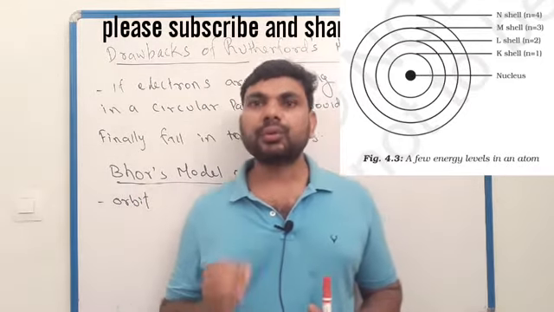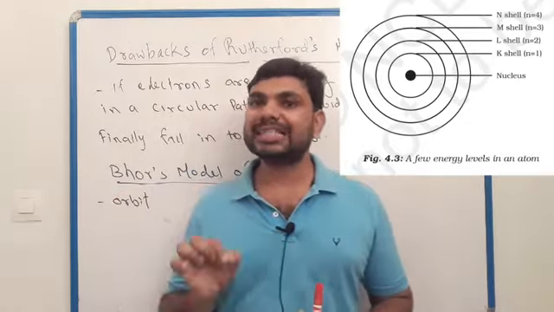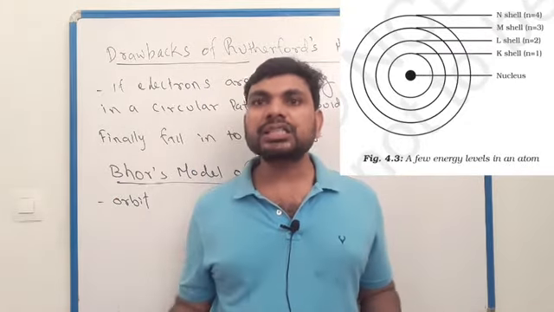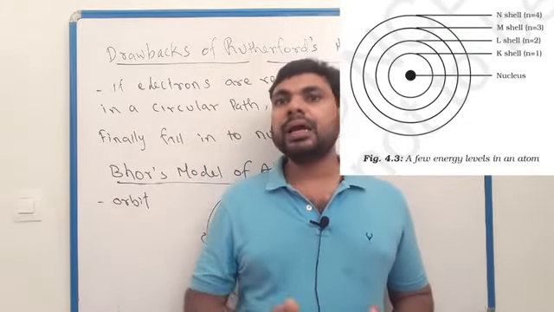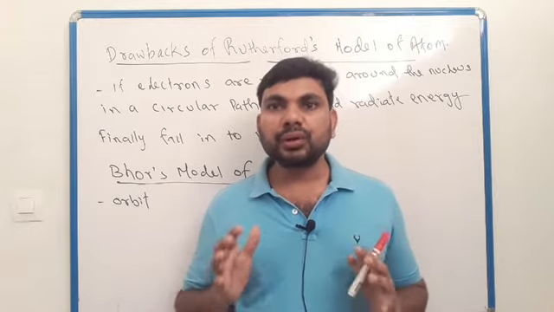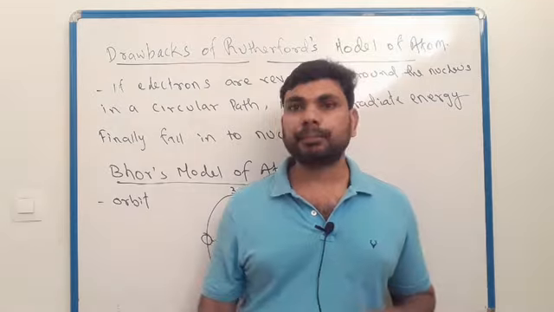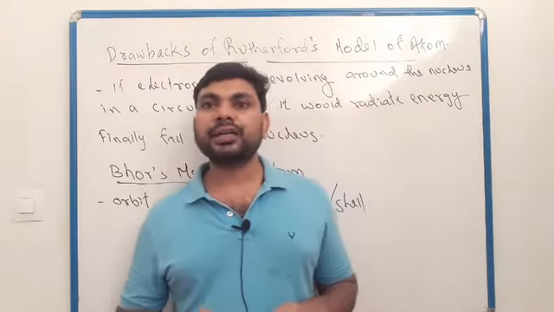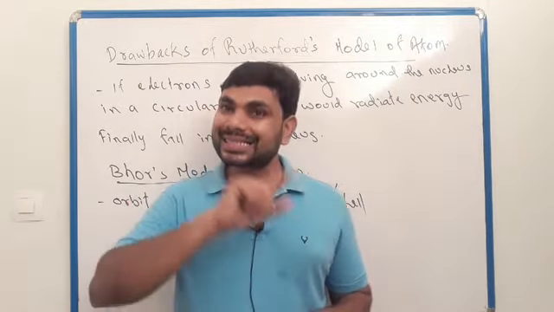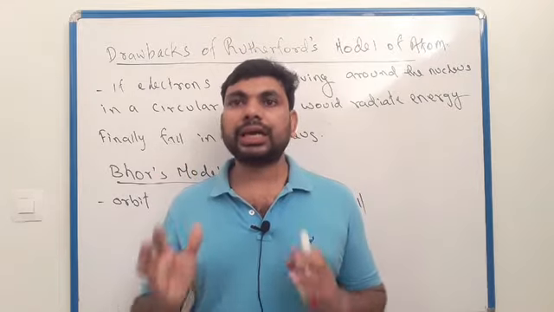According to the Rutherford model of atom, in the middle of the atom there is a positively charged center. Negatively charged electrons are revolving around the nucleus. This is the Rutherford model of atom. After that, the Bohr model of atom. According to the Bohr model of atom, around the nucleus there are circular paths, orbits, energy levels.